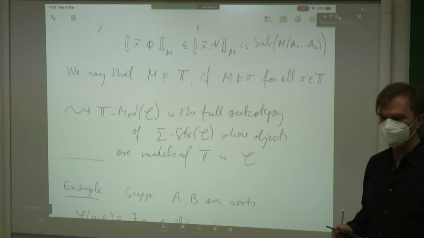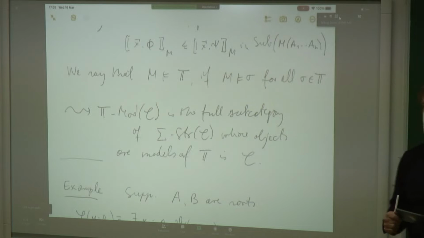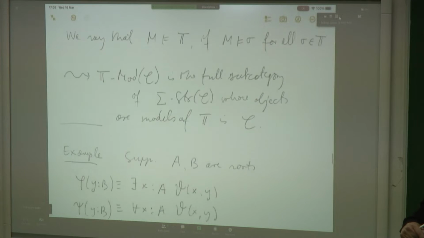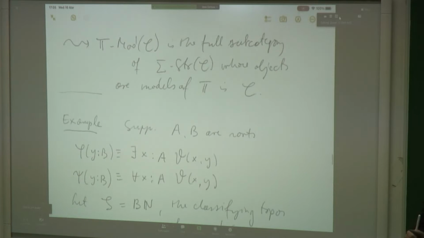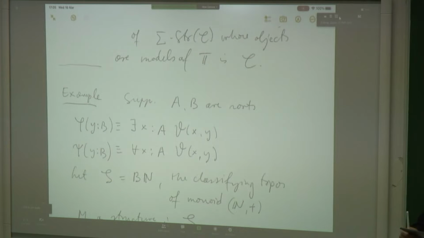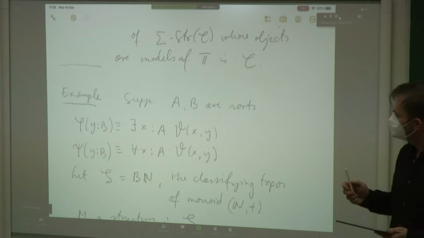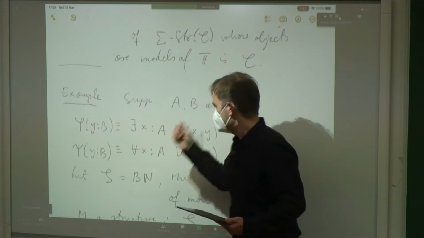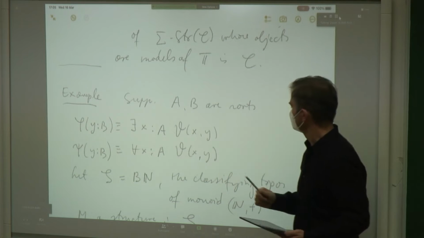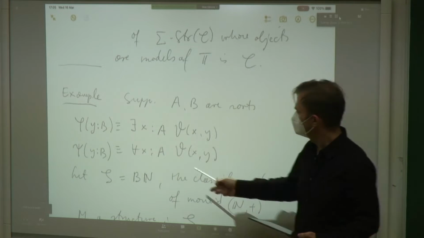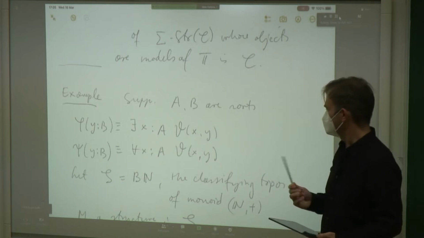And to show how unusual things can happen, I prepared a little example in my favorite case of the topos of different sets or N actions of the additive monoid of natural numbers. So let's take some two sorts, A and B, and the formula phi will be existential, and the formula psi will be universal.